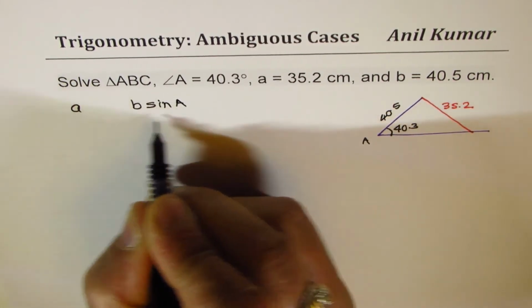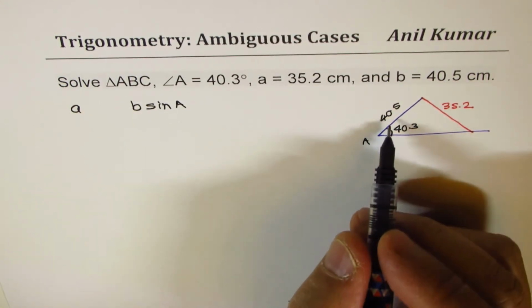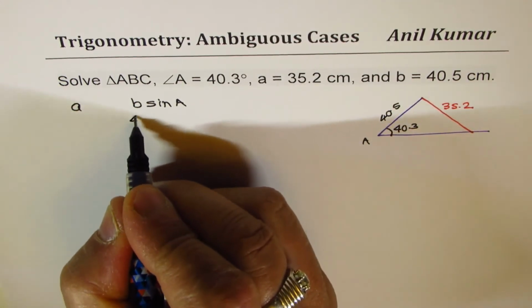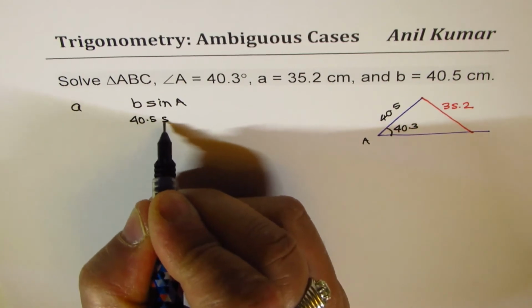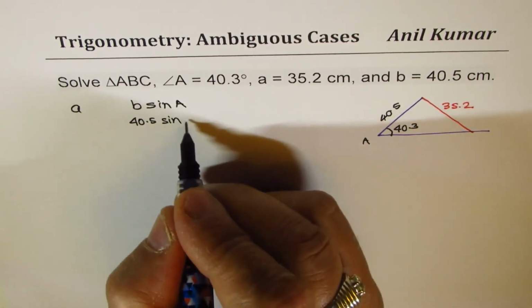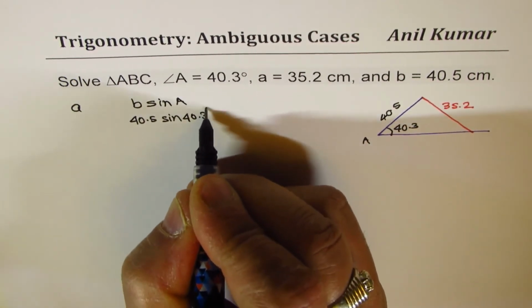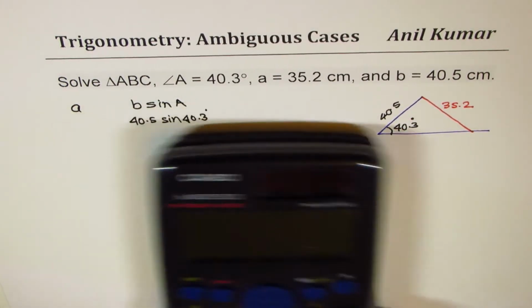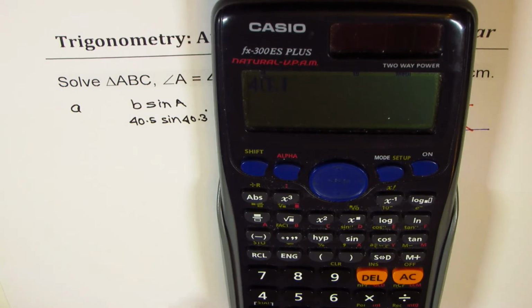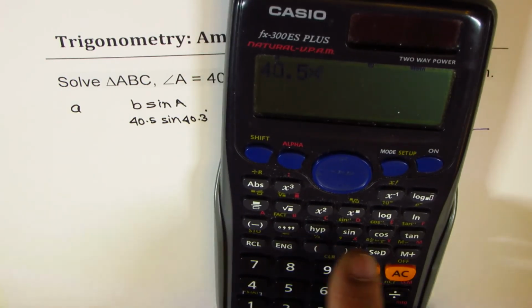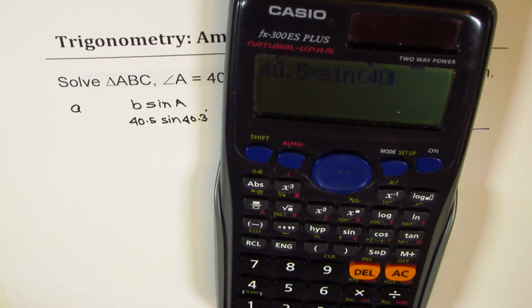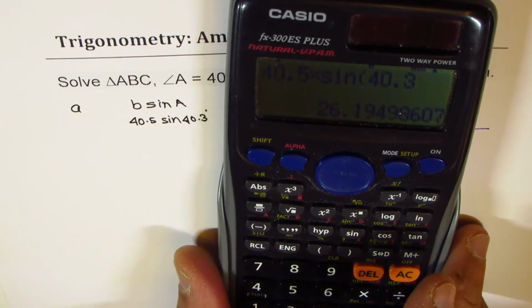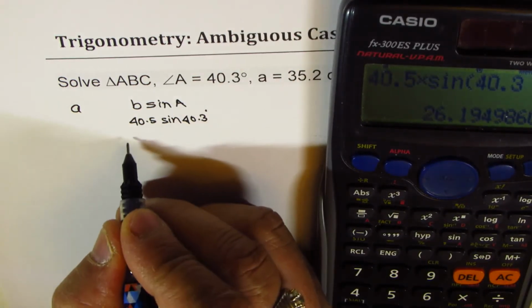In this particular case it will be 40.5 times sine of the angle 40.3 degrees. That gives you 26.19.